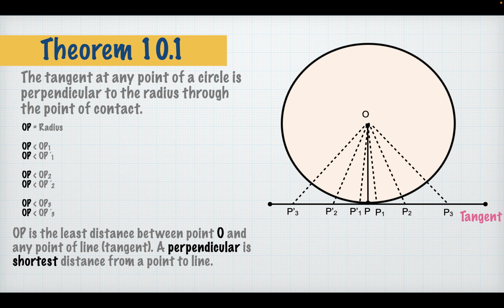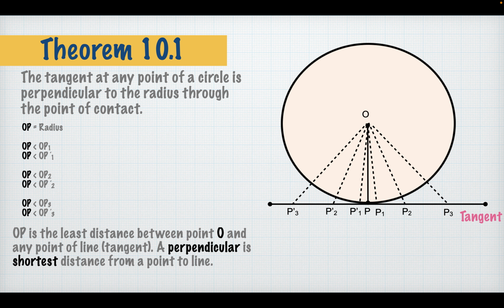So what's the conclusion? You know that when I draw a line from a point to another line, it is perpendicular when the distance is shortest; the perpendicular is the shortest distance between a point and a line. In this case, among all the lines, be it OP1 dash, OP2 dash, OP1, OP2, anything, the shortest distance between the point O and the line is OP.